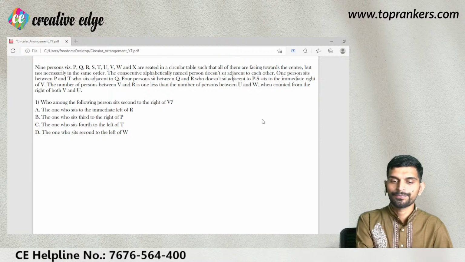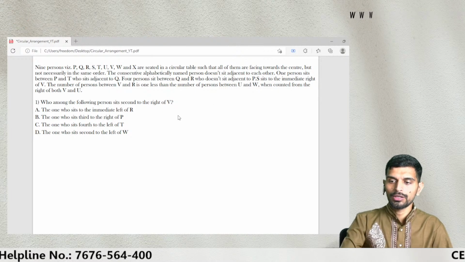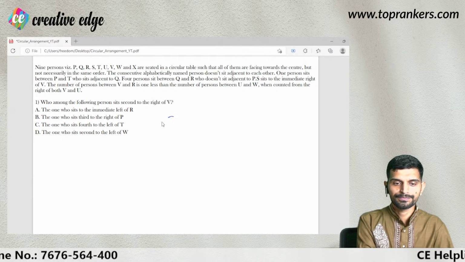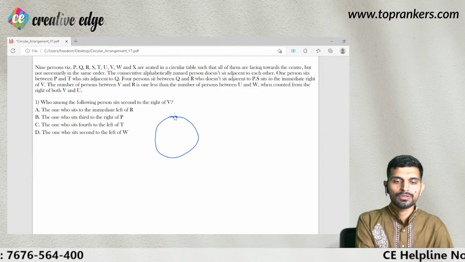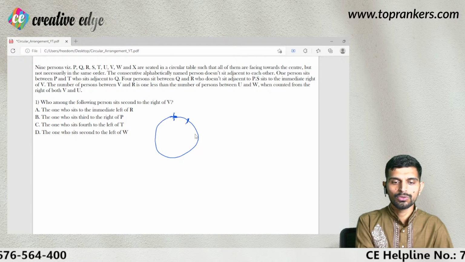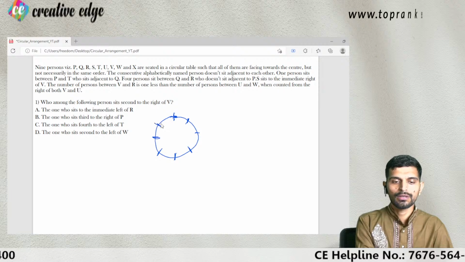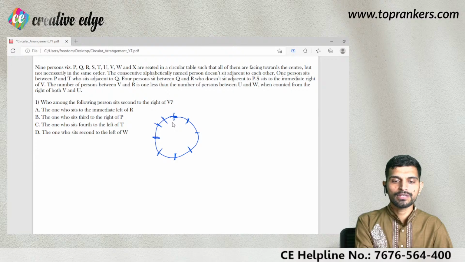All right, let's try to draw the structure. So here we go: one, two, three, four, five, six, seven, eight, and nine. Nine people, all of them facing the center.